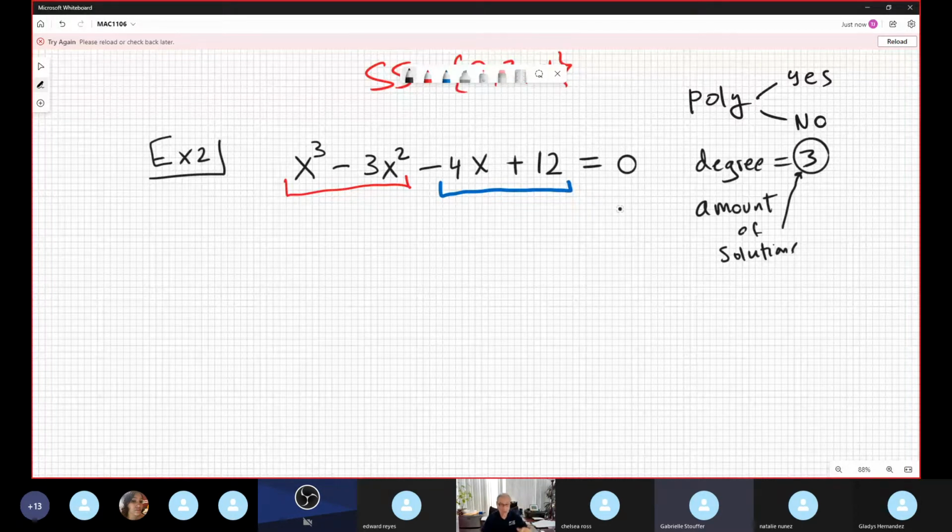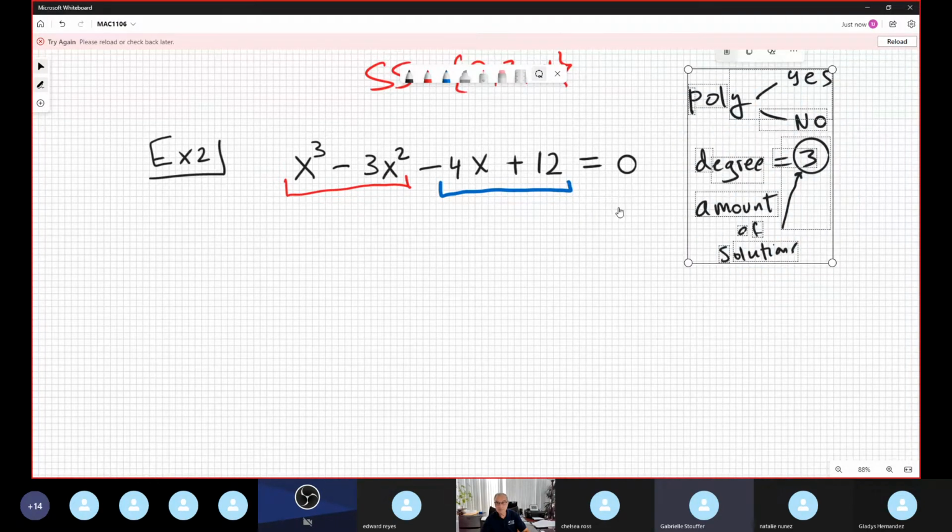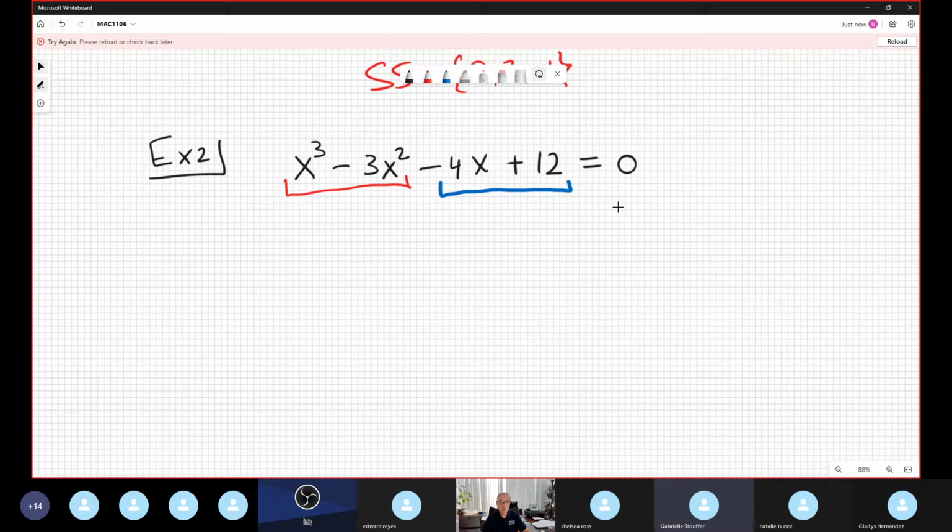Okay. Now, this is conceptual, totally theoretical. Now the practical idea. The practical idea is that the only tool the professor has explained so far is factorization.